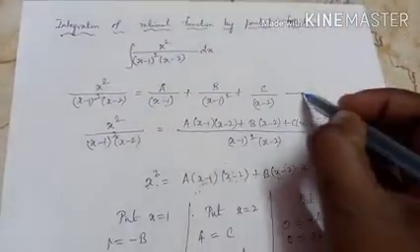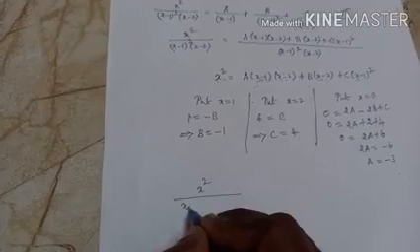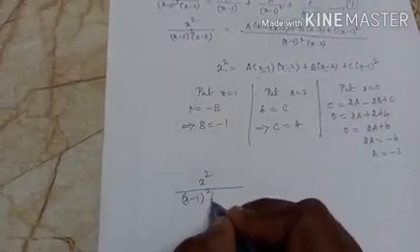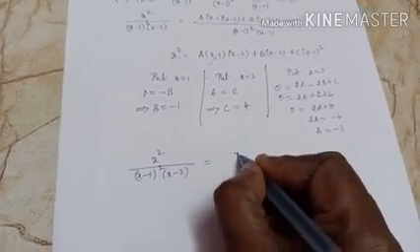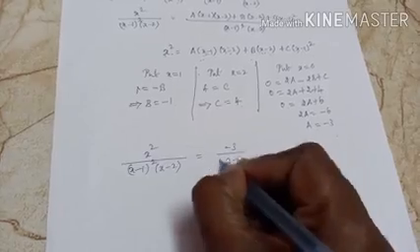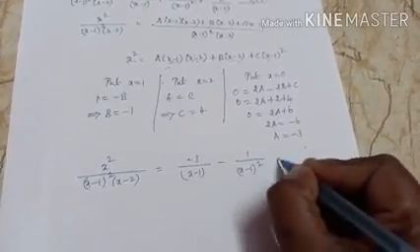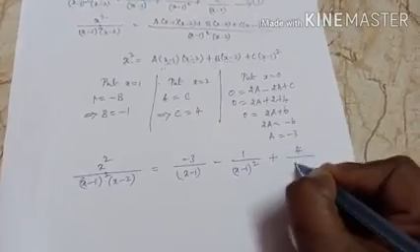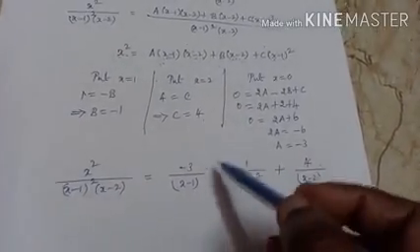Substitute the values of a, b, c in first equation. x square by (x minus 1) the whole square into (x minus 2), which is a by (x minus 1), b by (x minus 1) the whole square, c by (x minus 2). Since a and b are negative, it is negative answer, right?